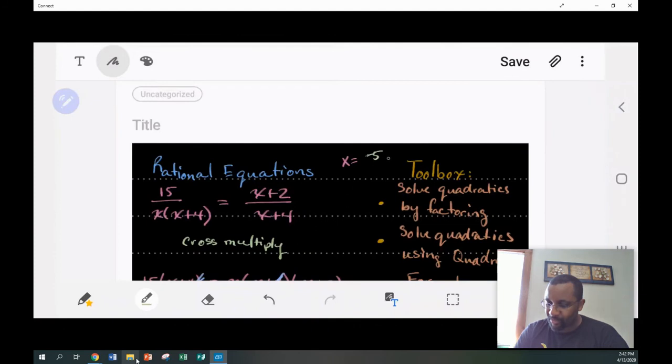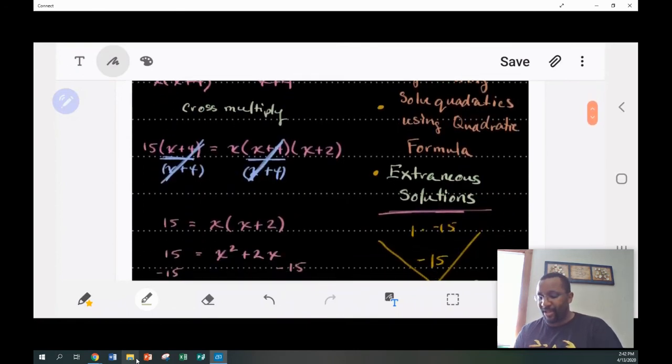And if x equals +3, will that be a problem? The only way it's a problem is if you plug it in for the value and then you end up getting 0 in the denominator. That's really what extraneous solutions even means.